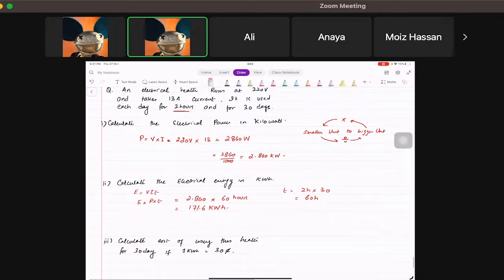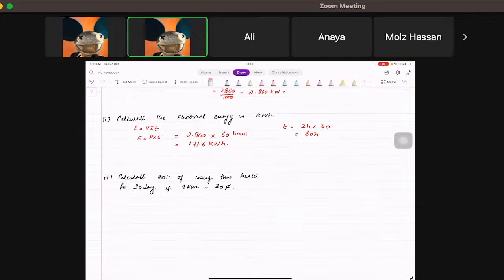Now, it says calculate the cost of using the heater for 30 days if 1 kilowatt hour costs 30 cents. Now this is pretty simple. You say, okay, if 1 kilowatt hour is equal to 30 cents, I think it's 0.30 US dollars, right? So this is the amount. Then how many dollars are going to be used when we use this much kilowatt hours.